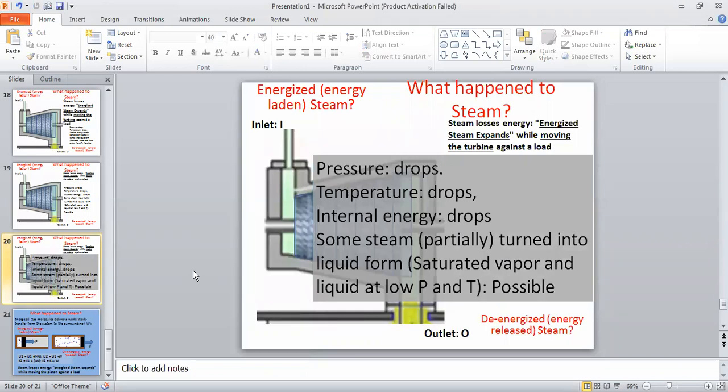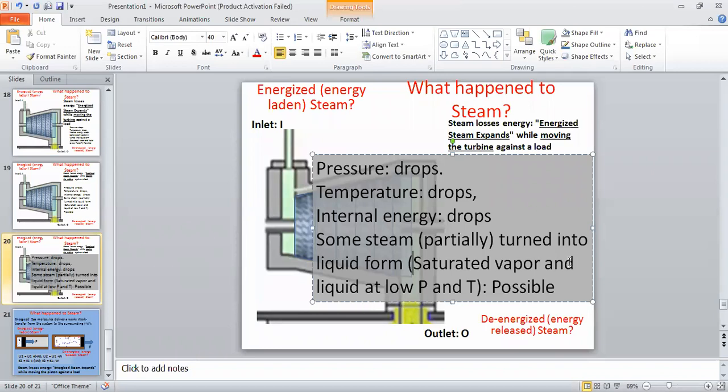Because if without having any knowledge of this expansion you are doing analysis, you have no good technical know-how. But now you can understand. Turn into liquid. So some steam partially turns into liquid form, in saturated vapour and liquid at low P and T, possible.